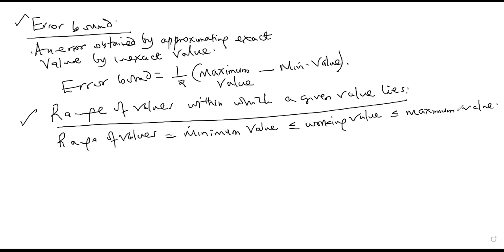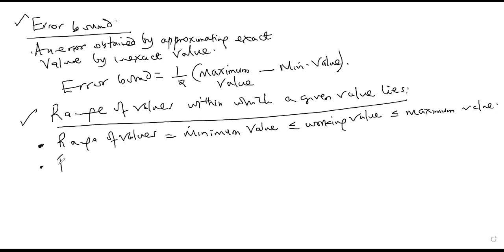We're going to look at examples of how we do this, where the minimum value is obtained by minimizing the function, and the maximum value is obtained by maximizing the function. So we shall look at how to maximize the function, and how to minimize the function.